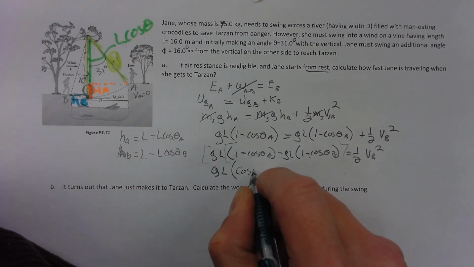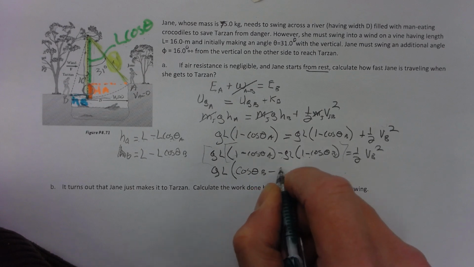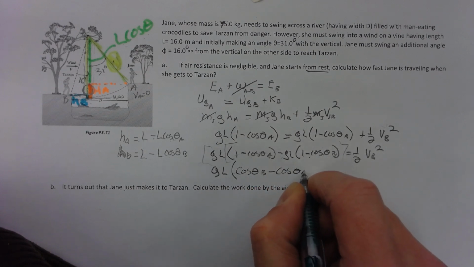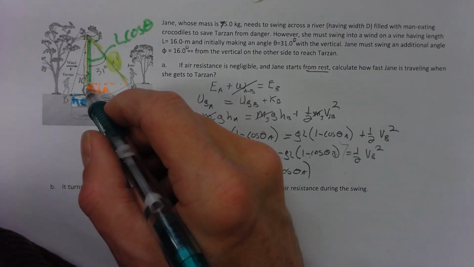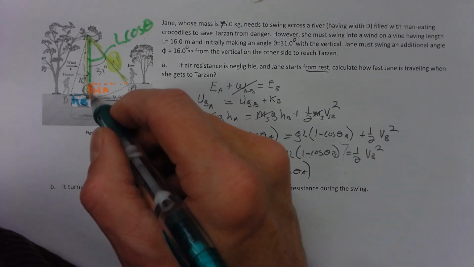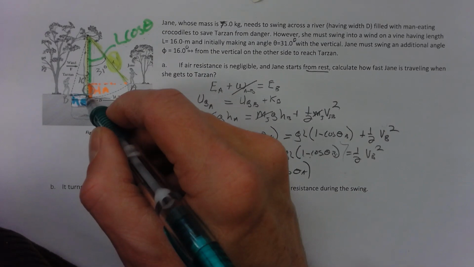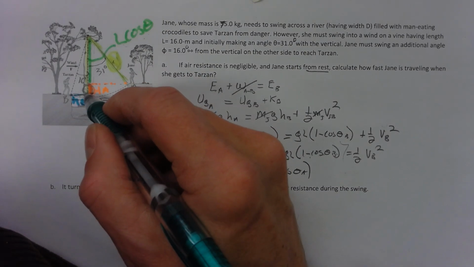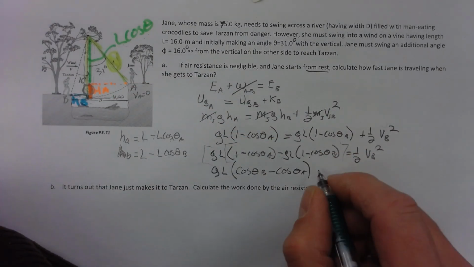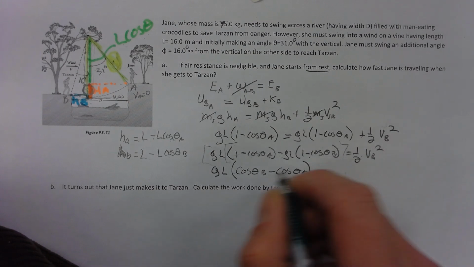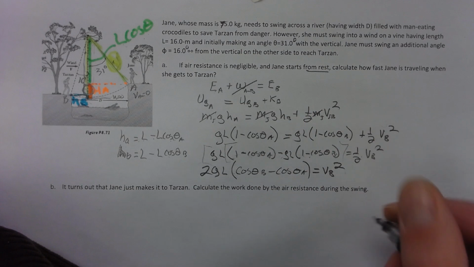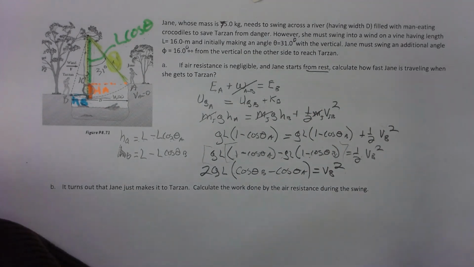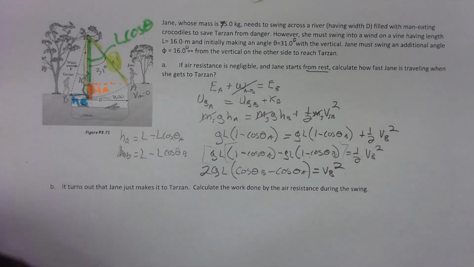It's cosine theta at B minus cosine theta at A. And again, that is this little portion in here between the orange and the blue. That little portion, that's the change in height. We can move the 2 over there, and that's VB squared.